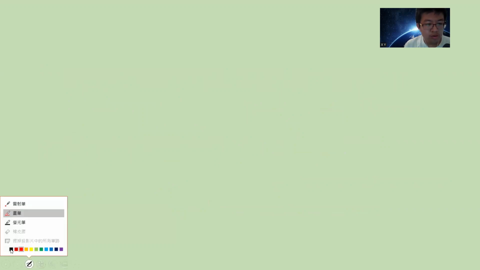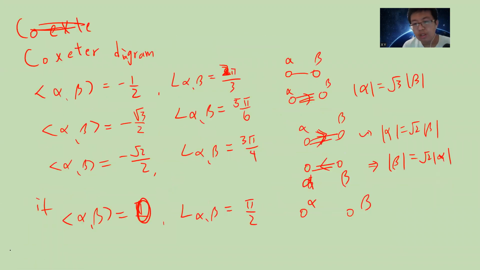Okay, so in order to prove that these are all possible, we need some main tools.